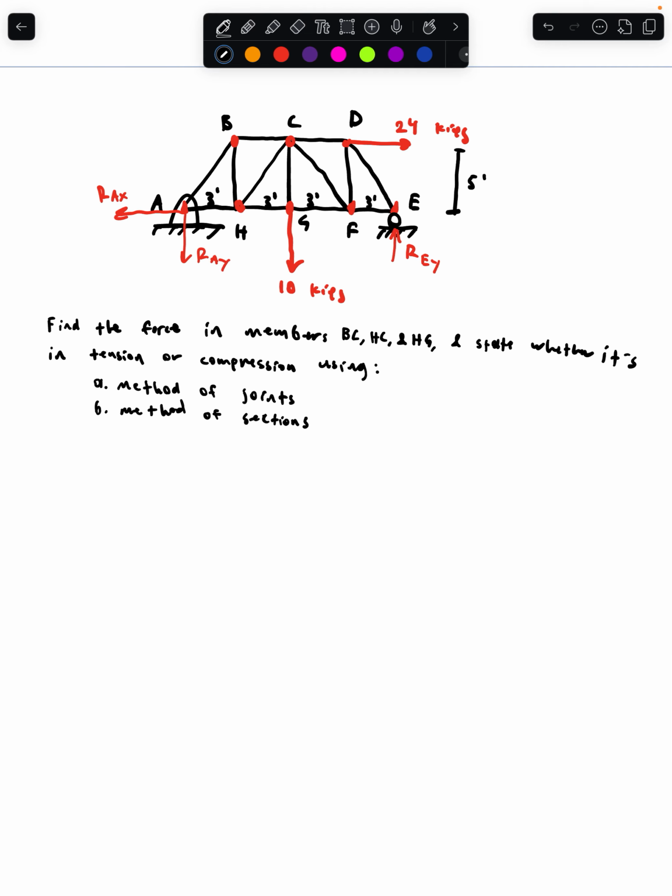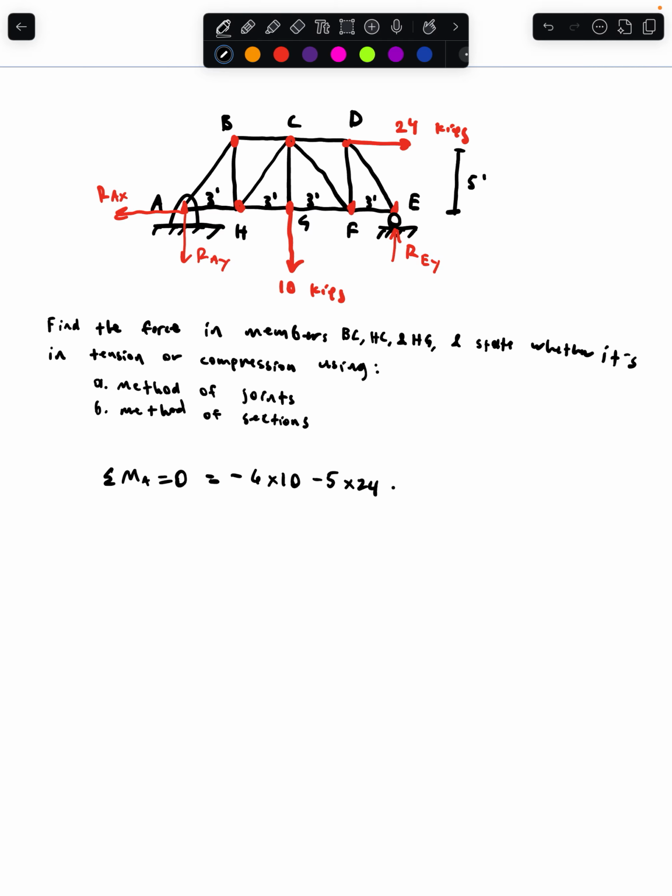Alright, so first thing I'm going to do is take the sum of the moments about A and set that equal to 0. So what do we have? We have 10 kips, that's over 6 feet, and that's clockwise, so that's going to be negative. We have 24 kips, that's going to be 5 feet, that's also negative.